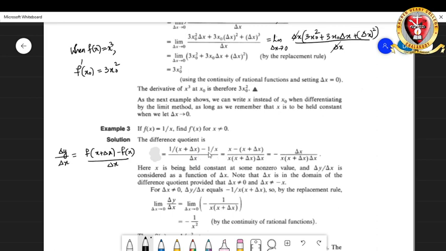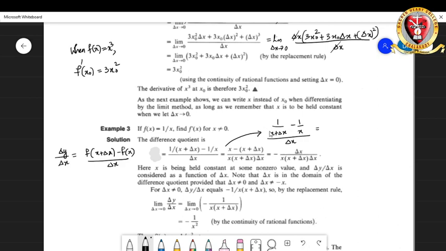you simplify the fraction, and use the LCM. So there you have 1 by x plus delta x minus 1 by x the whole divided by delta x, that is equal to 1 by x.